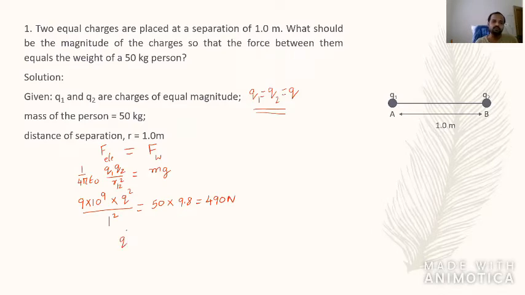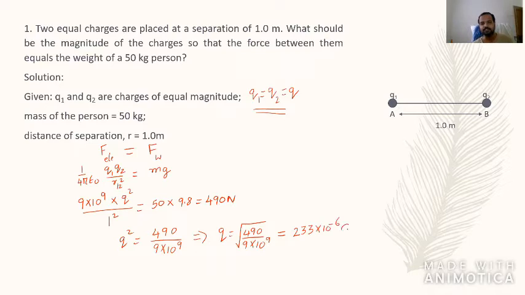So now Q square will be equal to, I'll just cross multiply, 490 divided by 9 into 10 raised to 9. So now I can write Q equals the square root of 490 divided by 9 into 10 raised to 9, which gives me a value of 233 into 10 raised to minus 6 coulomb.